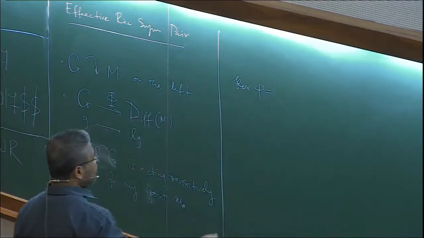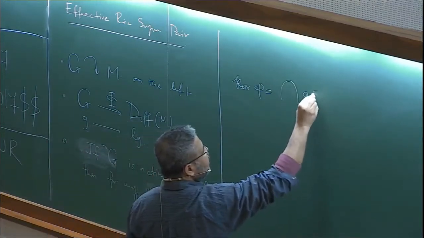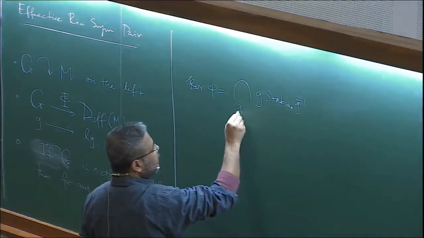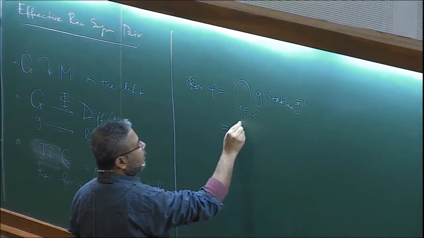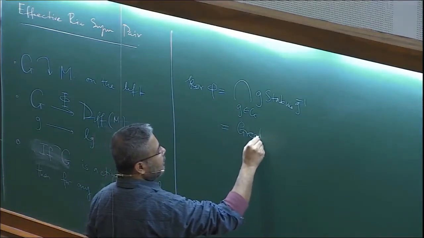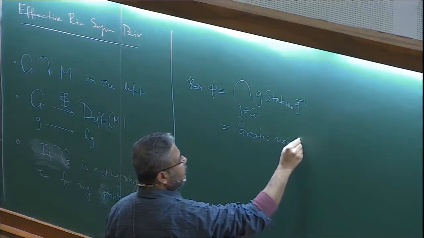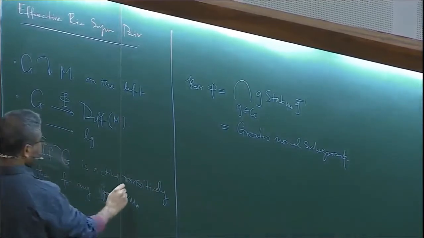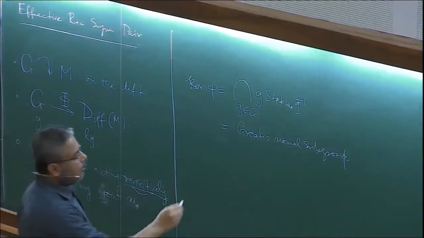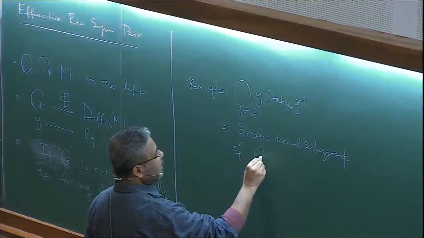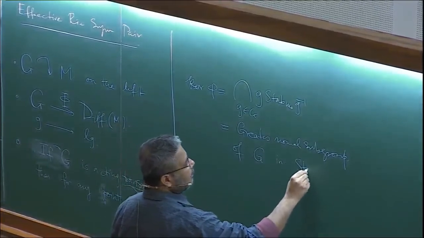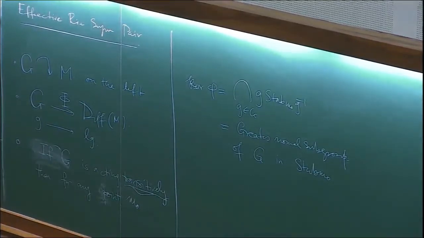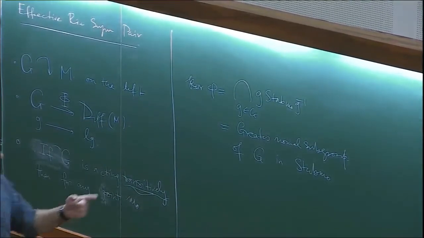You can see that this is the intersection of G stabilizer M0, G inverse, G in G, which is the greatest normal subgroup of G in the stabilizer.